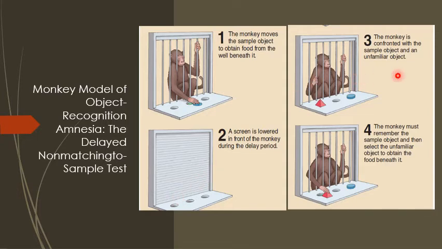And then third, the screen is raised again, and the monkey is confronted with the sample object and an unfamiliar object. The monkey must remember the sample object from earlier, and then select the new, unfamiliar object to obtain the food beneath it. So that is the delayed non-matching to sample test.